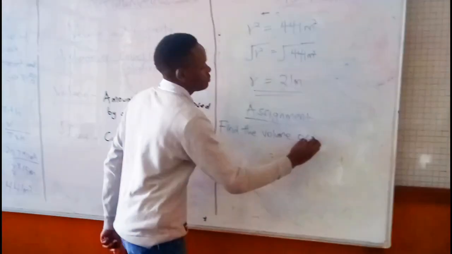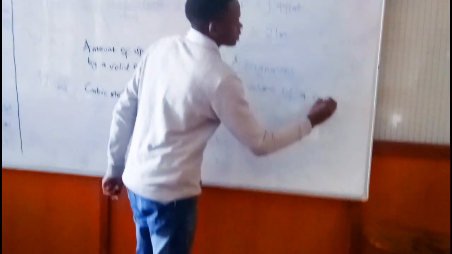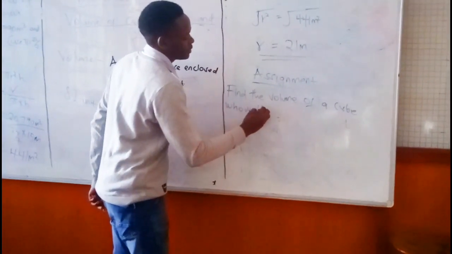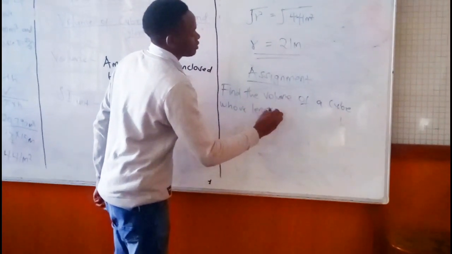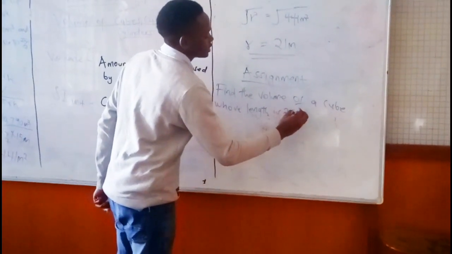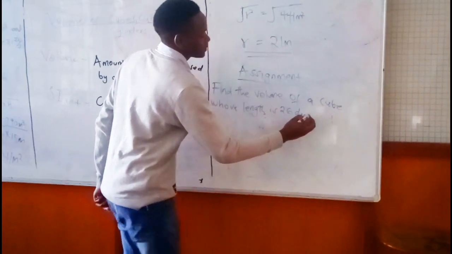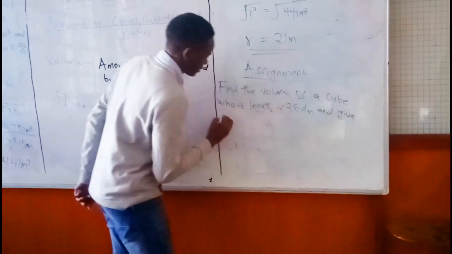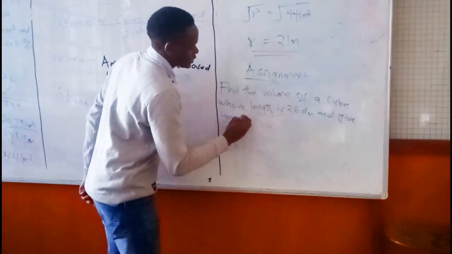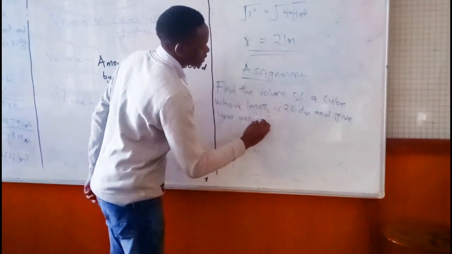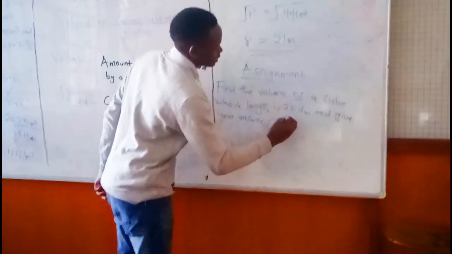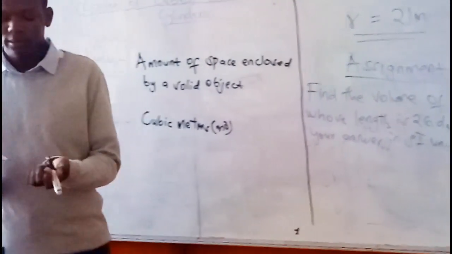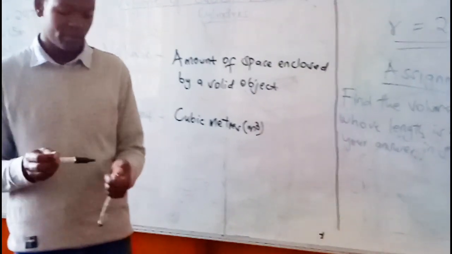Find the volume of a cube whose length is 26 centimeters, and give your answer in SI units. And we'll stop at that point for today.